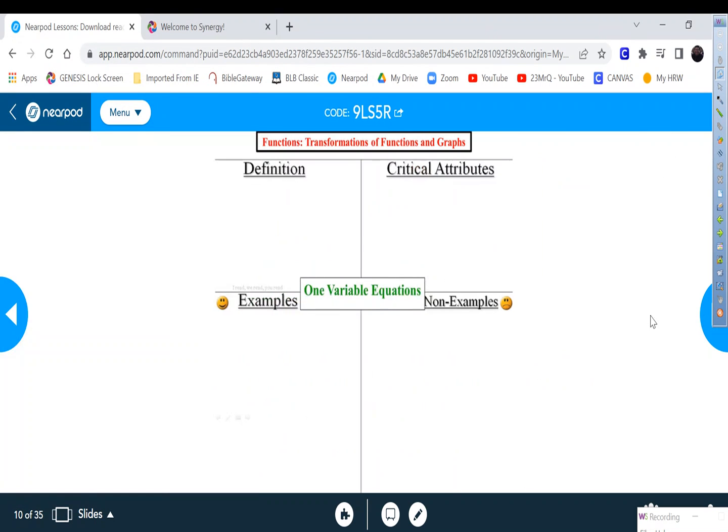One variable equations. Think about it without looking at your notes. Talk it over with your neighbor. Let them know a definition for a one variable equation. All right, Rodney, one variable equation. Help him out, Natasha.